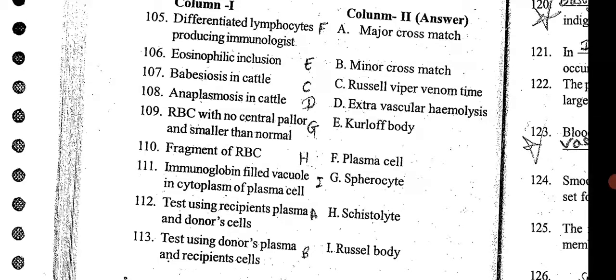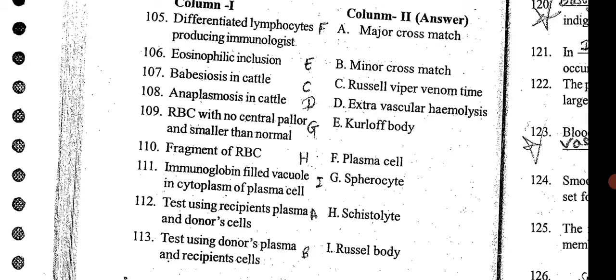Anaplasmosis in cattle, for example Anaplasma marginale, causes extravascular hemolysis, and babesiosis in cattle is linked with the Russell viper venom time and eosinophilic inclusions.